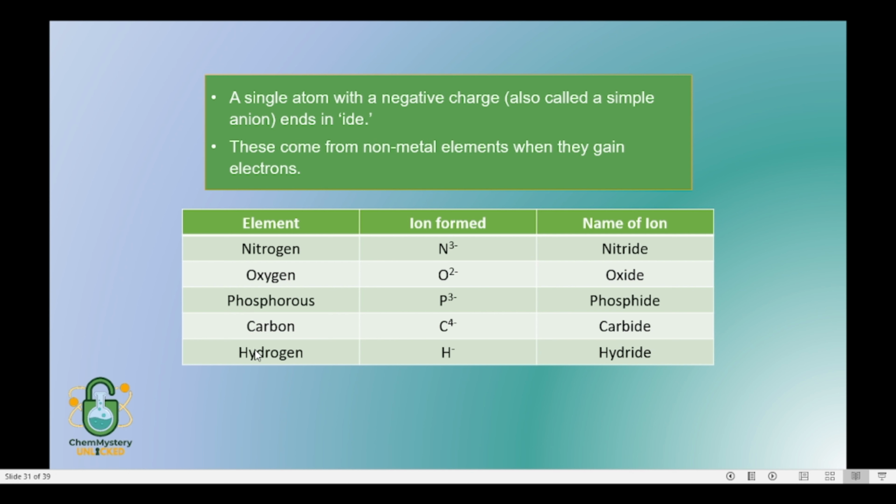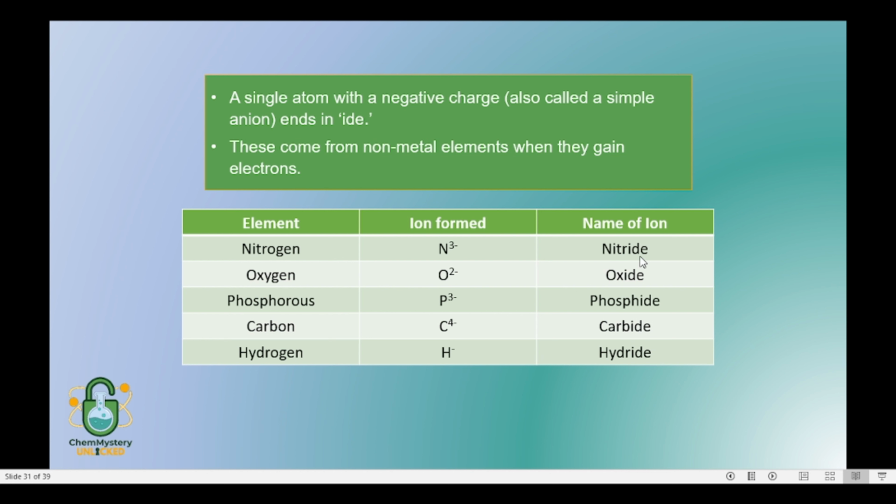Now let's check the ion formed from these elements. This is the nitride. Name of ion is nitride because ide comes at the end. Okay, always remember this. Ide comes at the end.